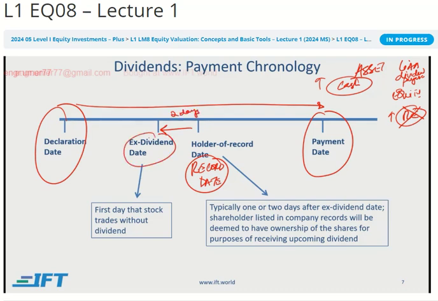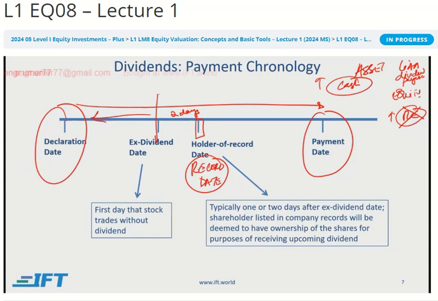Basically, if you buy a share, it will take 2 days for your name to show up on the register of the company as owner. So if you want your name showing on the record date, you need to buy the share at least 2 days before.